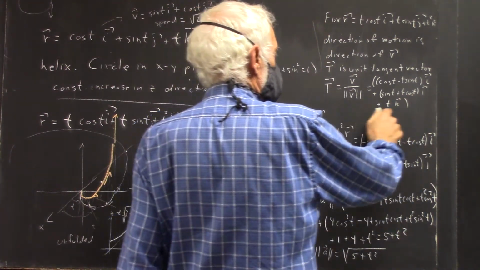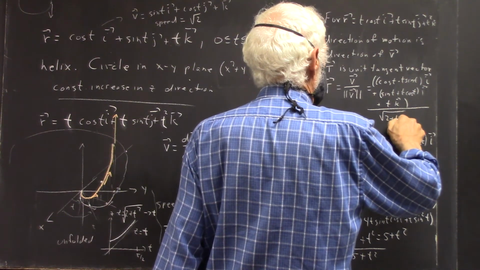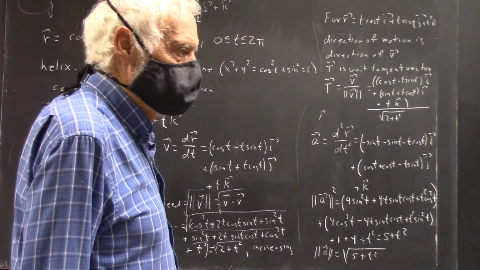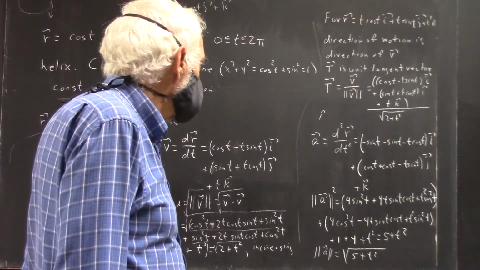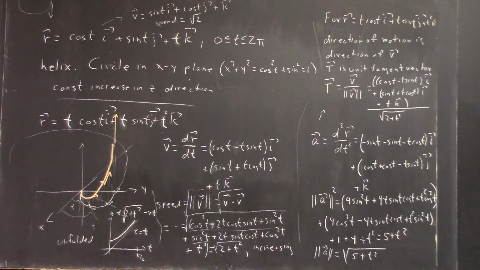That's your numerator, all over the square root of 2 plus t squared. Okay, well, I'm having too much fun to stop there, so I'm going to go on with this.